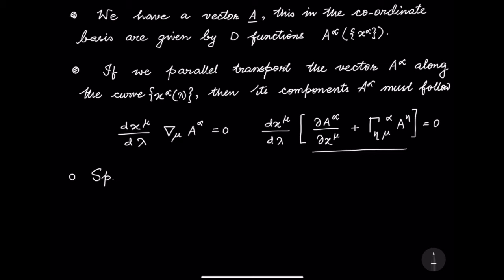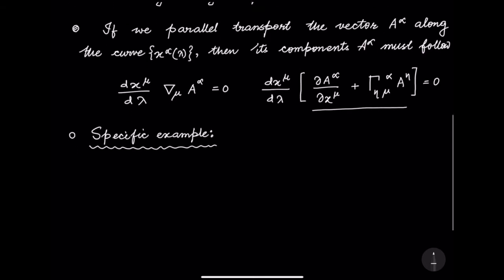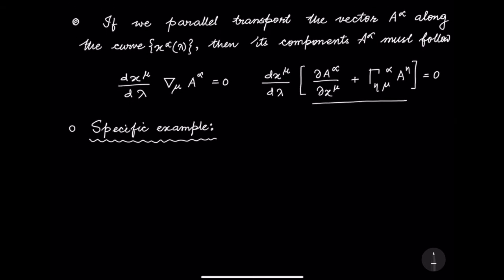So this is a specific example, and this is the class of examples that we'll do today. There is no particular reason for choosing this specific example, but the mathematics becomes easier if we choose it. That's why we want to choose this, and this is going to demonstrate something which we will build upon for the next discussion.